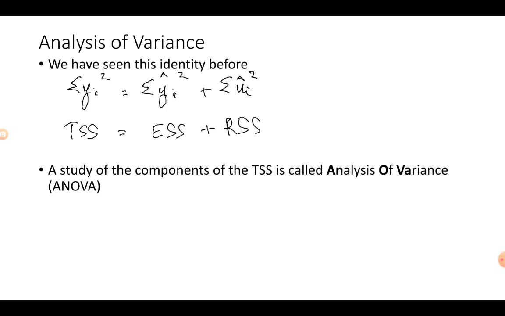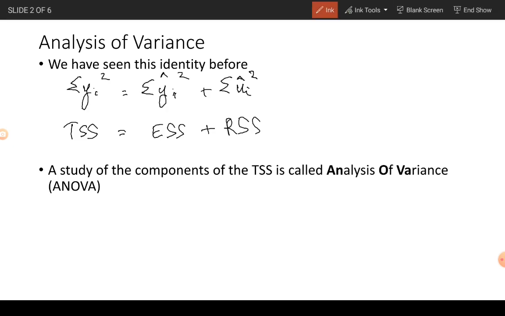So going back to that equation, we had seen that summation yi square, here yi means observed yi minus the mean y bar. Yi hat square, yi hat is the expected or the estimated yi, from its mean.